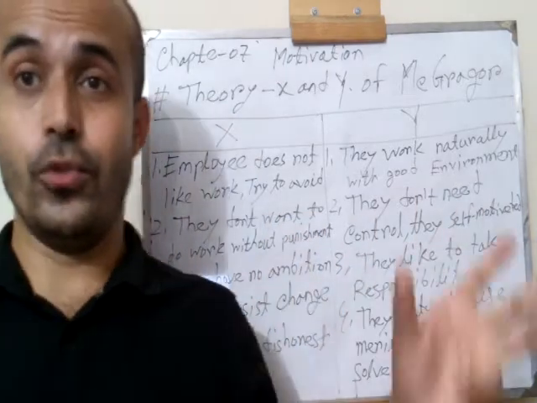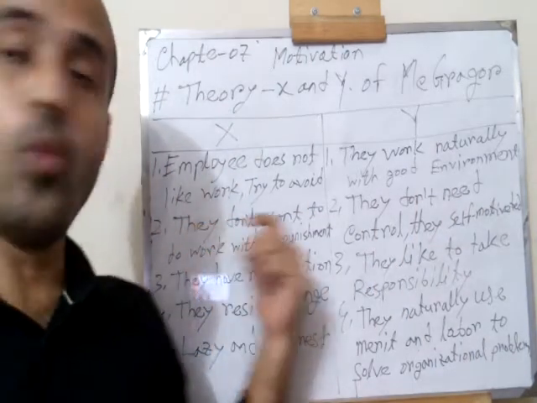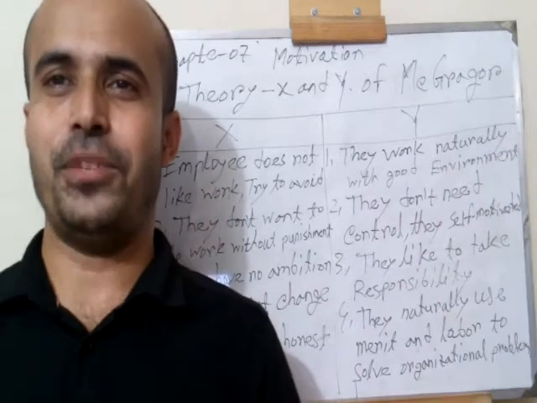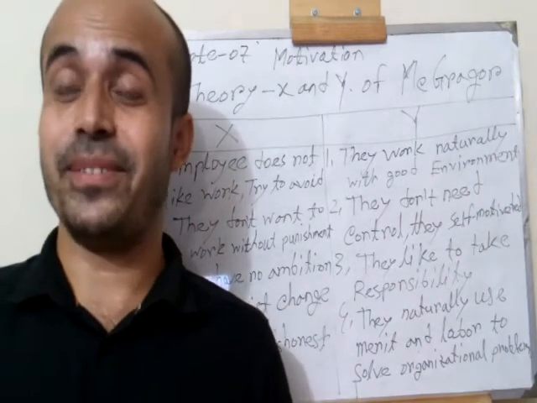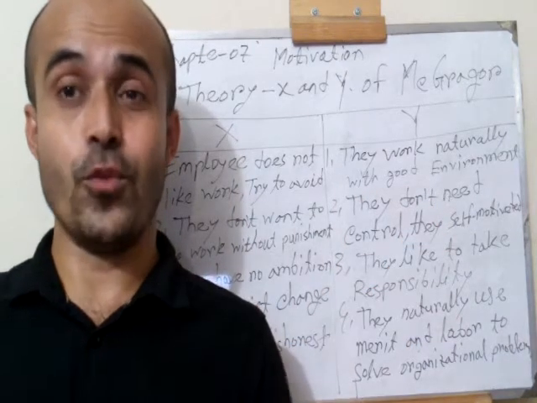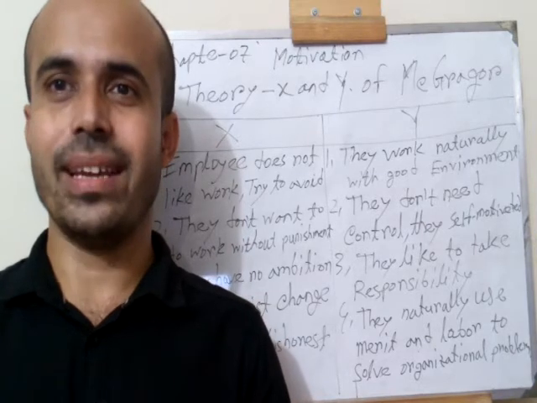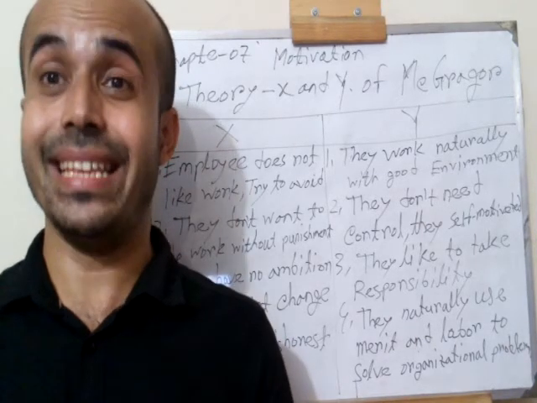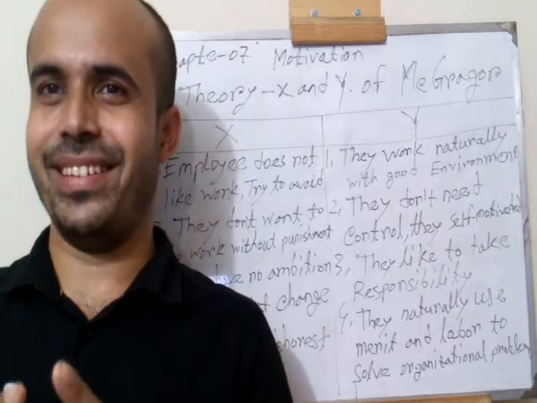Now coming to number two: they don't want to do work without any punishment. Do you understand? He tried to show that some employees don't work without any punishment or any threat. Okay, so think about it.